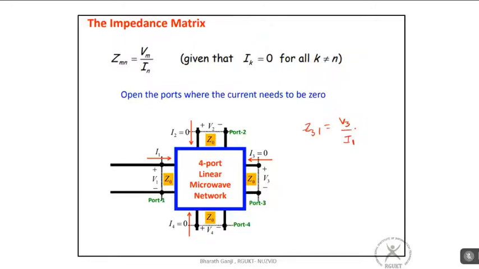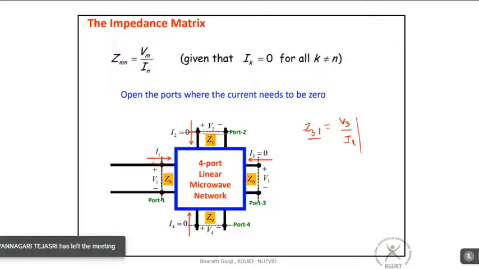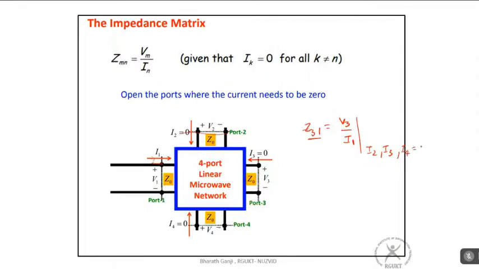So what you are doing here is, if you want to calculate Z31, you need to give input at the first port, and you have to short all other ports. So that means I need a scenario where V2, V3, V4 are all equal to 0, if I can short circuit all the ports.